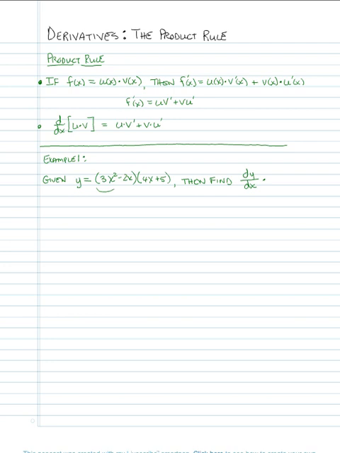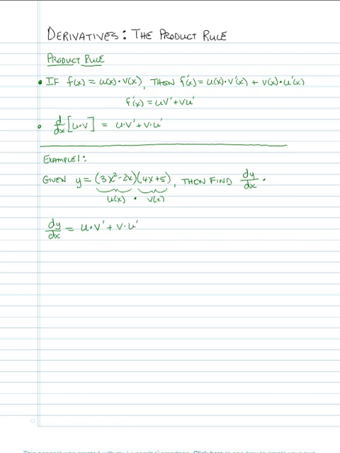We can think of the first binomial here as the u of x function. And of course it's multiplied with a second binomial, and we can think of that second binomial as the v of x function. So if we're wanting to find the derivative of y with respect to x, we would use the formula u times v prime plus v times u prime.